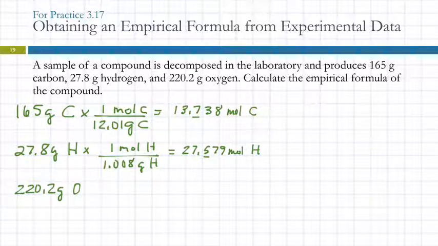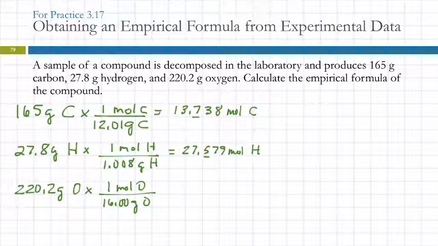And then for oxygen, 1 mole of oxygen, 16.00 grams. So 220.2 divided by 16. And this gives me 13.7. Well, that one's got 4 sig figs actually. 13.7625 moles of oxygen.